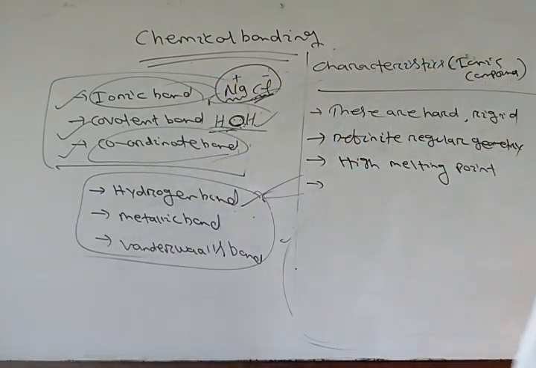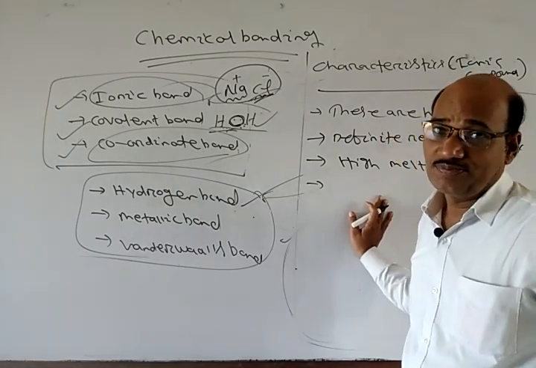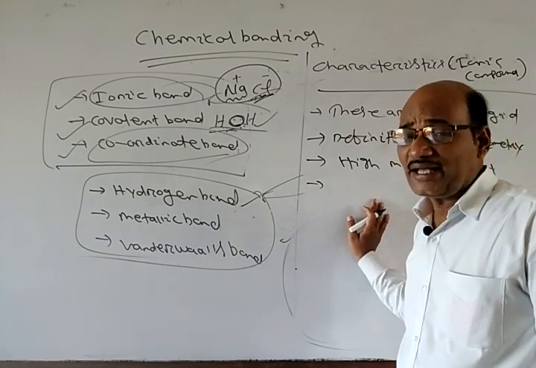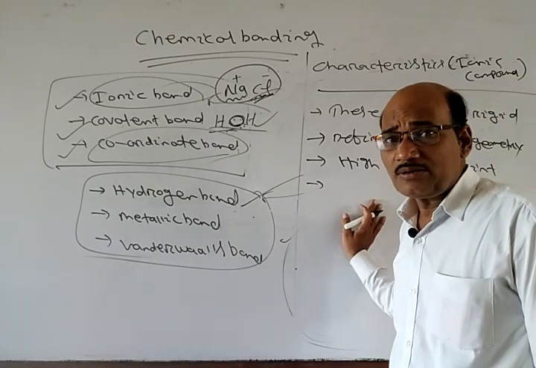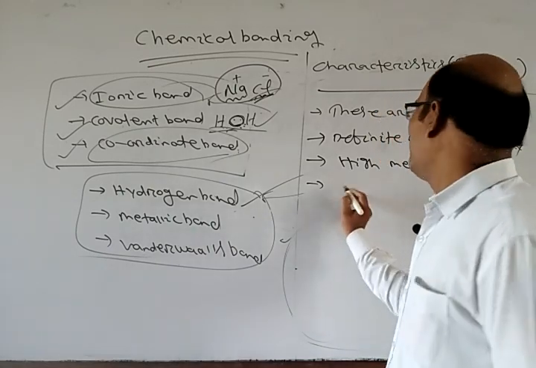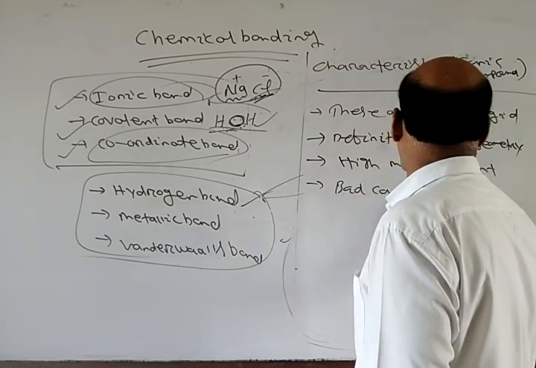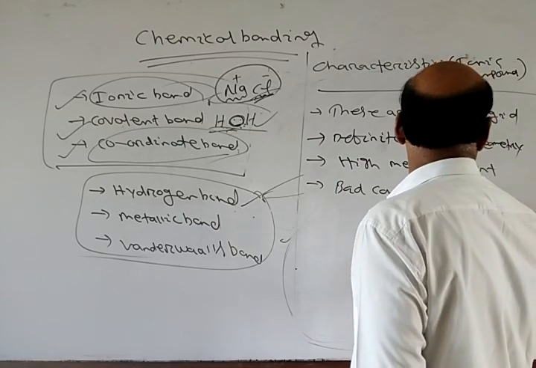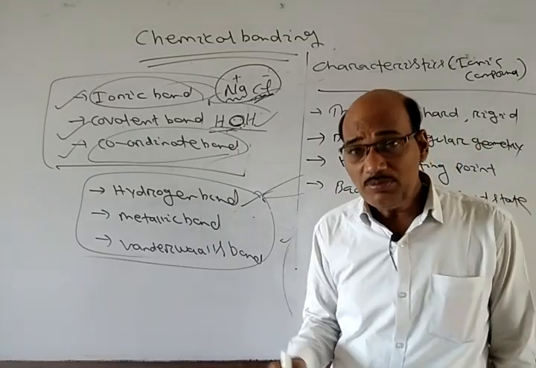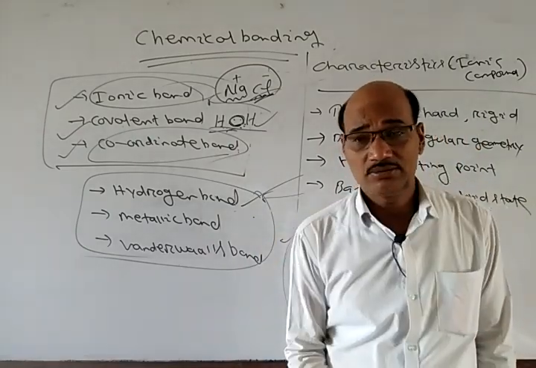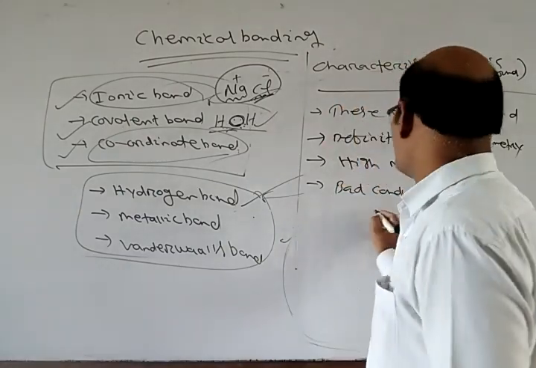And one important thing: ionic compounds are bad conductors in the solid state, because the oppositely charged ions are strongly attracted to each other, so they cannot conduct electricity. However, if the ionic compounds are melted or put in aqueous solution, then they can conduct electricity.